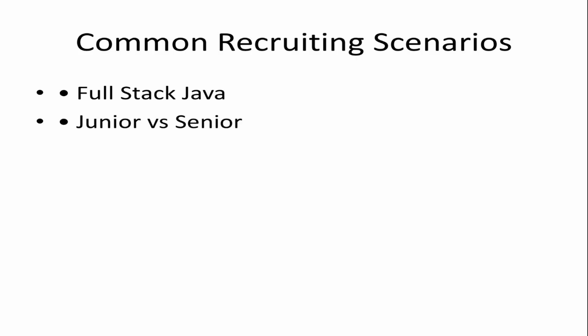Seniors design systems and guide others, while juniors are still learning frameworks and best practices. So if you are looking for a senior Java developer, focus on design architectures, system designs, design patterns. These are the keywords you will get mostly in senior profiles.